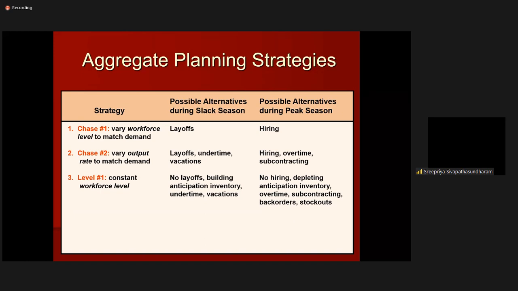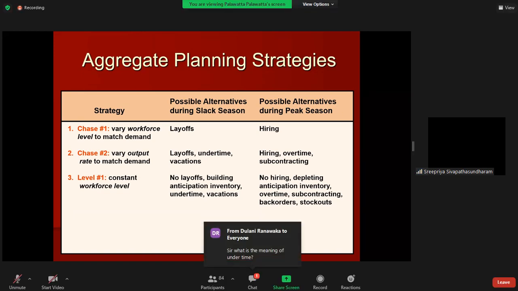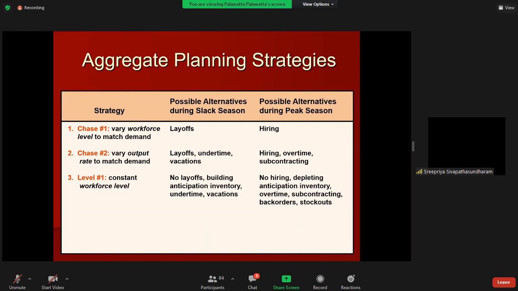there are two scenarios. Undertime is the opposite of overtime. When a customer places an order, the customer may pay the whole amount and then wait.